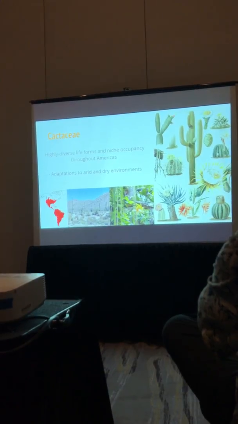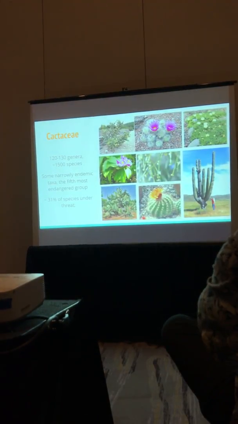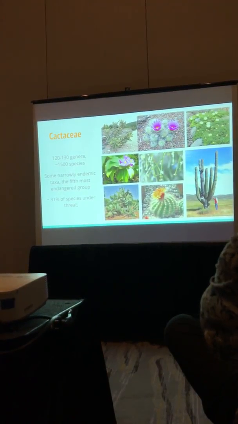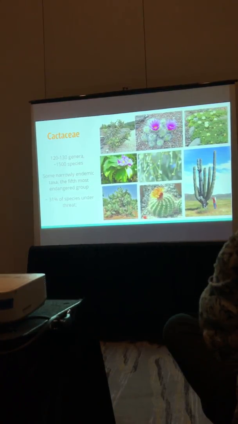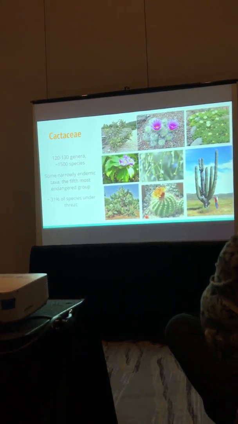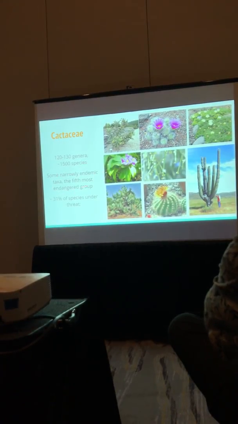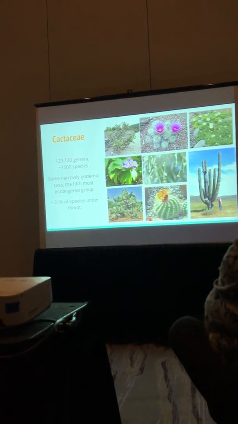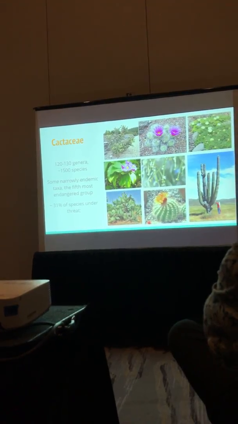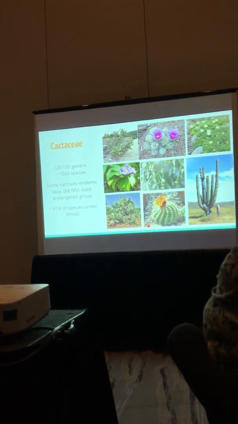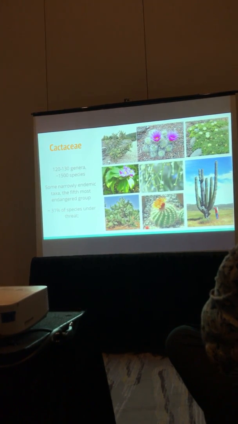This diversity is represented in a family with around 1,500 species, and some of these species have a narrowly endemic distribution. Cacti are one of the 50 most endangered groups of any taxonomic group in the world, with around 30% of the species under some kind of threat.